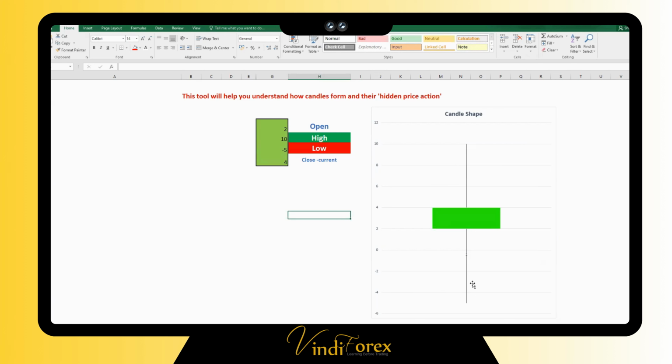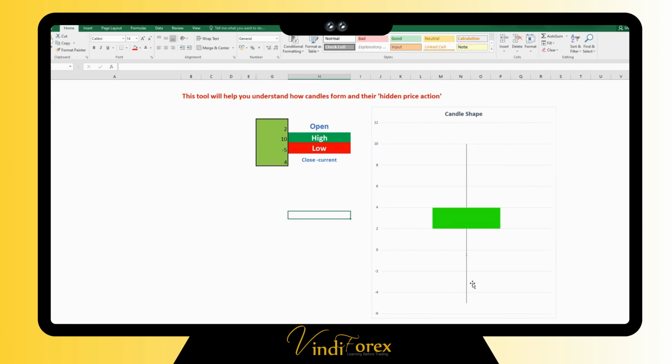So if body is equal to wick, that's indecisive. It doesn't matter where the location of the body is. If body is equal to wick, like you've seen with the previous example, or the wick on one side and the wick on the other side are equal, and the body is in the middle, same thing.